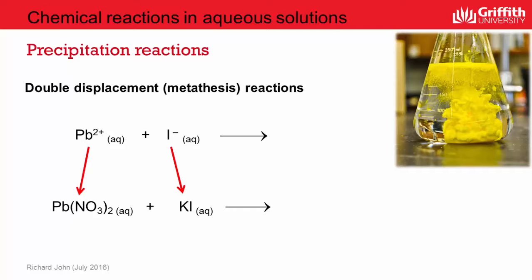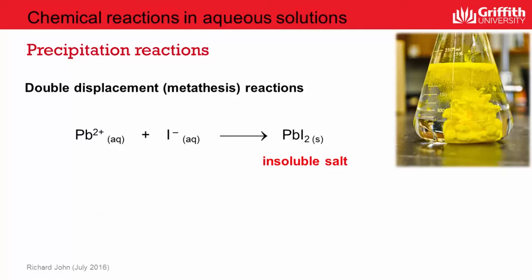All group 1 metal salts, including potassium salts, are soluble. However, when lead(II) ions and iodide ions come together, they're insoluble in the presence of each other. Despite being soluble with other ions, in the presence of each other they're insoluble, and we get that insoluble yellow precipitate being formed.